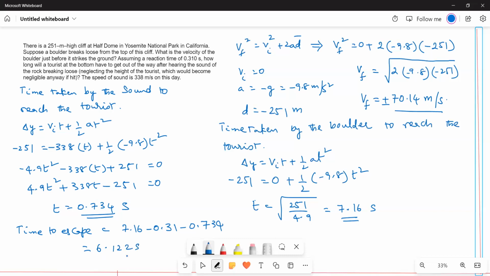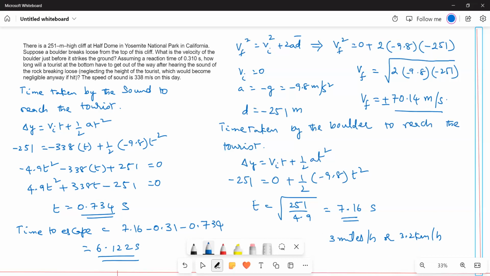Okay. Suppose we take the typical walking speed of a human being, it will be 3 miles per hour or 3.2 kilometers per hour. Suppose we take roughly 3 kilometers per hour, then how much distance will he walk in 6 seconds?